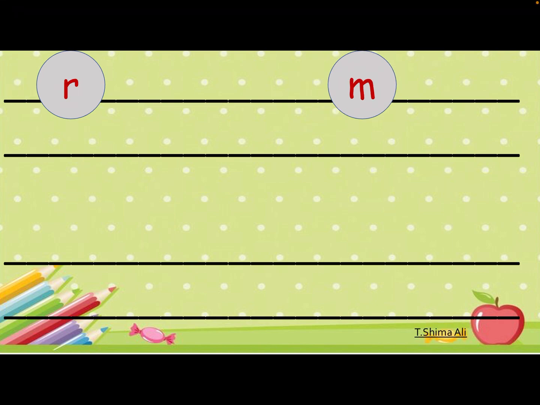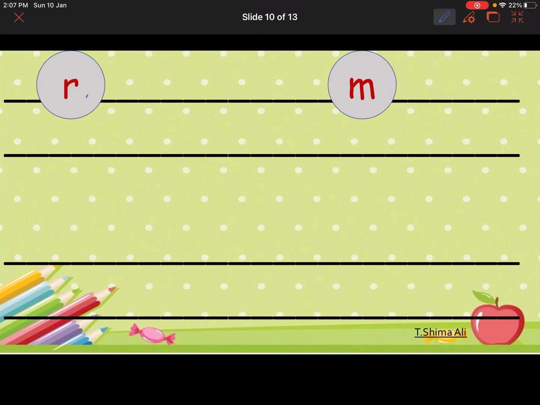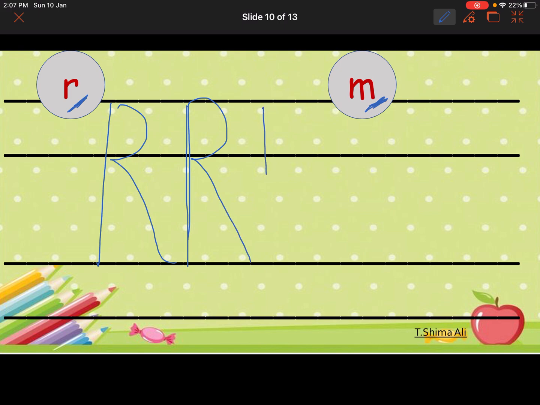Now let's move to other two sounds. This is a small and the capital like this. This is the capital, okay, we write it like this.